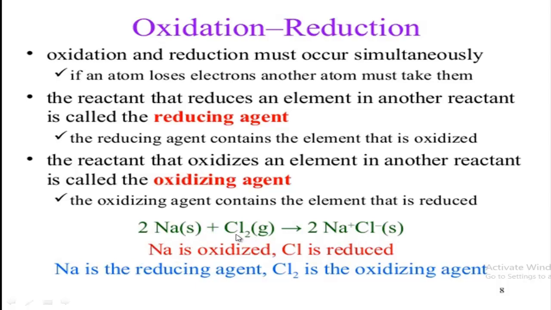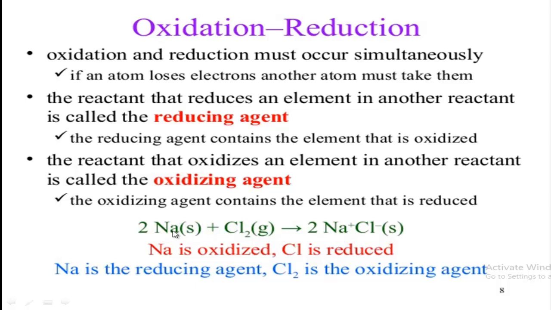Among the reactants, the reactant which helps in reduction of the other reactant is called the reducing agent. But that reactant itself is oxidized. For example, follow the equation: sodium reacts with chlorine to produce sodium chloride.